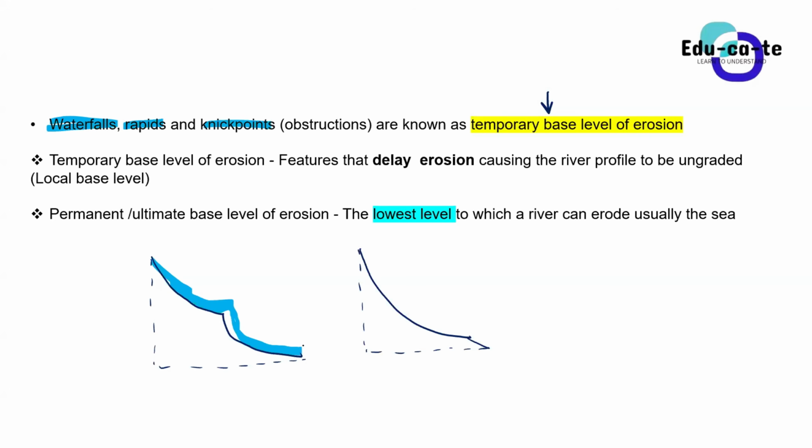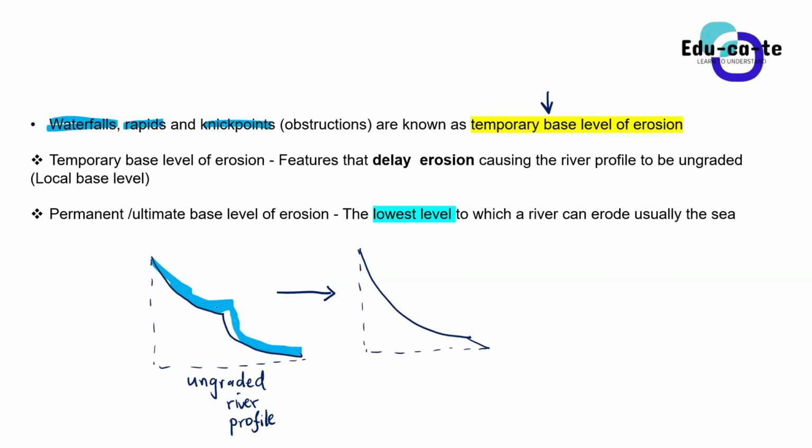So basically, you should understand that an ungraded river profile can change to become a graded river profile. An ungraded river profile, the one that has obstructions, nick points and waterfalls, can change back to becoming a smooth one.